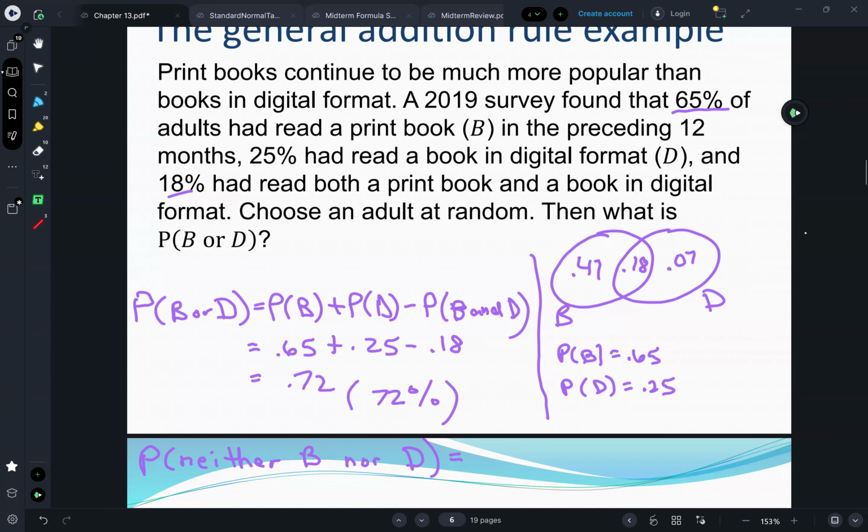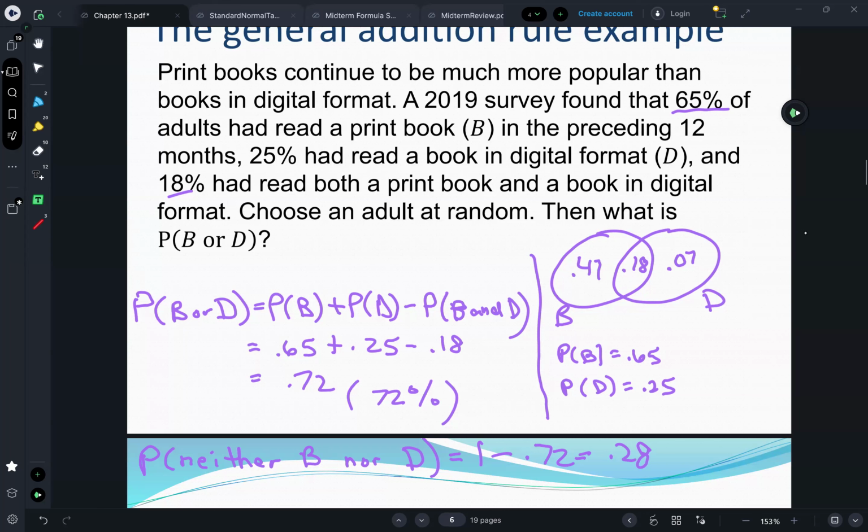You would want to just say, the probability of being a print or a digital is going to be, so neither would be just 1 minus the print or the digital. It's just going to be 1 subtract 0.72, 0.28. It's neither of those.